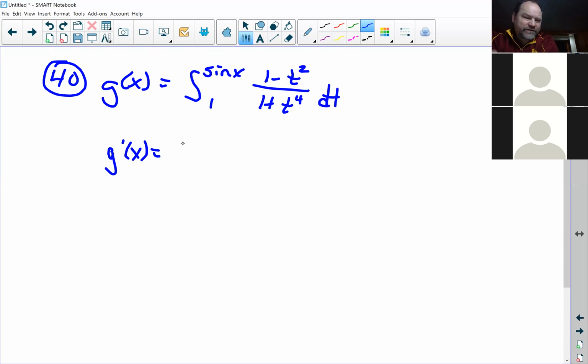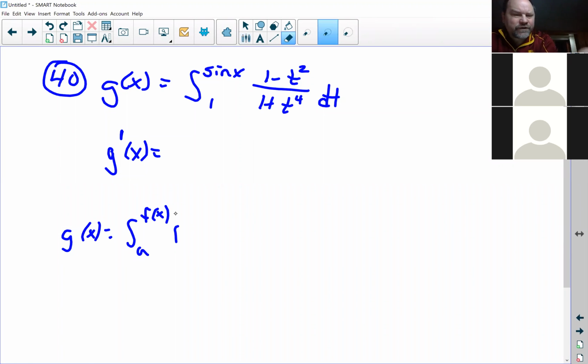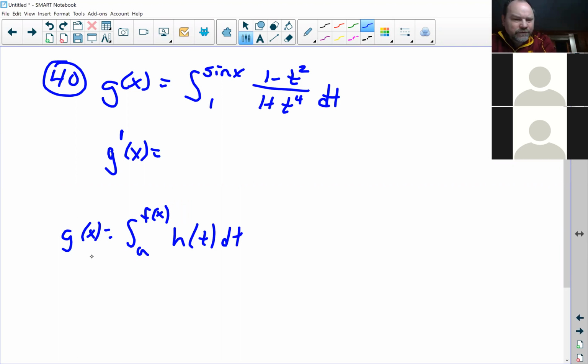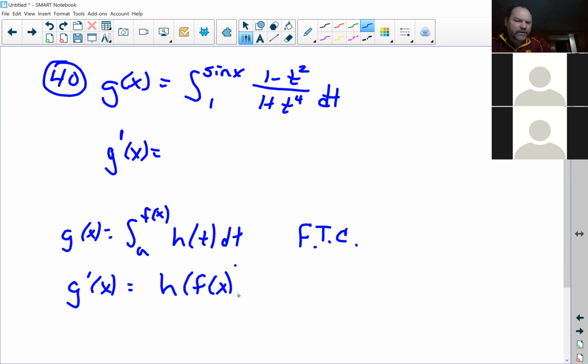And the big key here is to remember that if g of x is some integral of, oh boy, I need some different letters, H of t dt, the fundamental theorem of calculus says that G prime is going to be H, but instead of t, I'm going to plug in f of x. And then I'm going to multiply by the derivative of f of x.